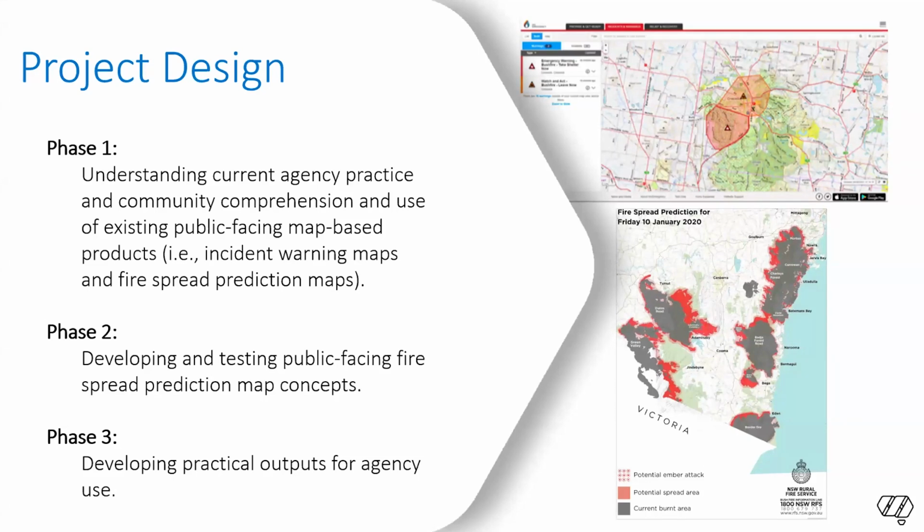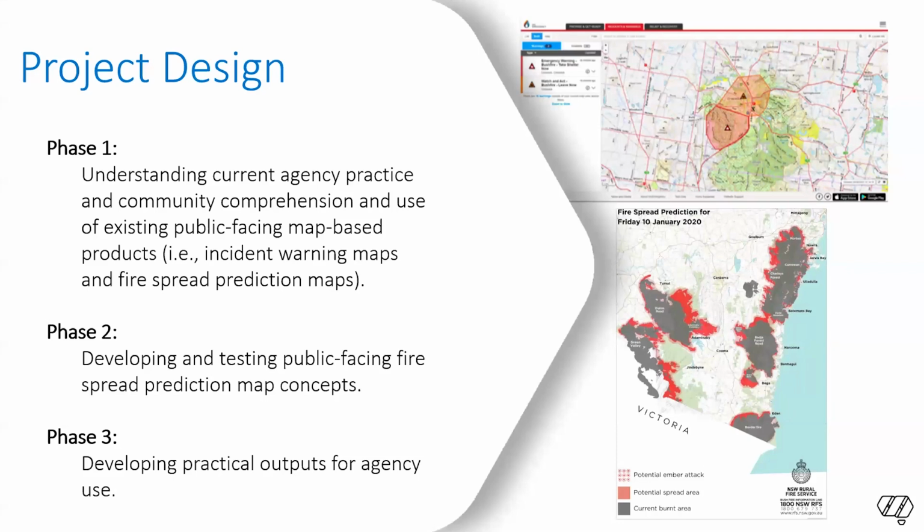This is the research that Erica will be presenting today, and it is that baseline. It's so important. It allows us to understand what communities are expecting, what they need, and how they use these products, so that we can move into phase 2 with a better understanding of what we need to be testing.